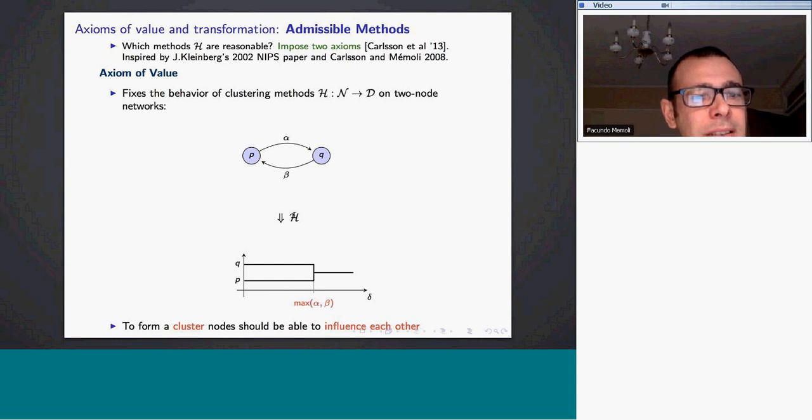Now H outputs a dendrogram that is a function of alpha and beta. The partition coded by the dendrogram will be a single partition from 0 to the max of the two values, and onwards it will be the partition into one block.